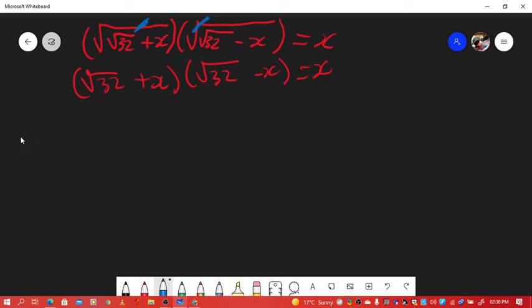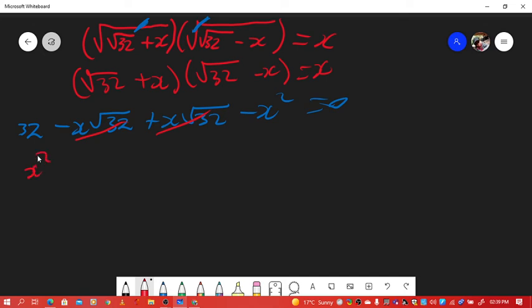So the root of 32 multiplied by the root of 32 is simply 32, then minus x root of 32 plus x, the root of 32 minus x squared is equal to x. Now these two items will cancel each other, and all we have now is x squared minus 32 is equal to 0.